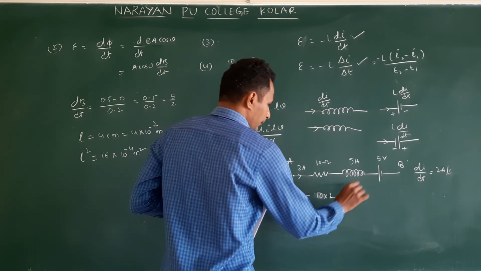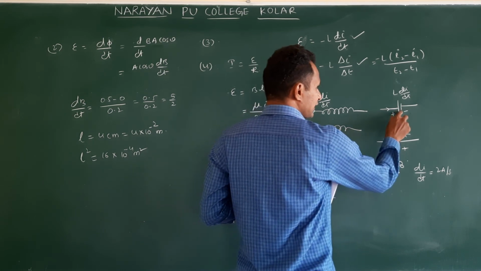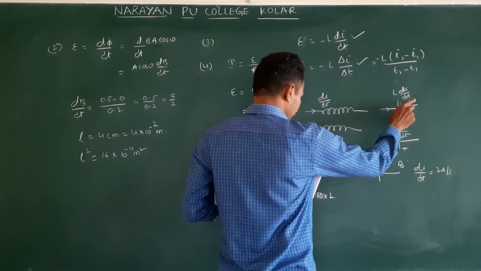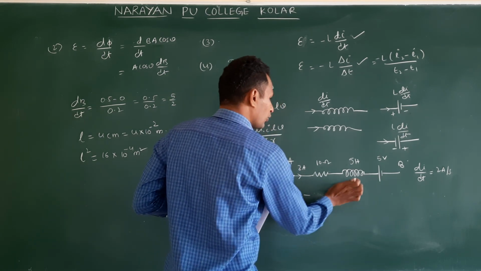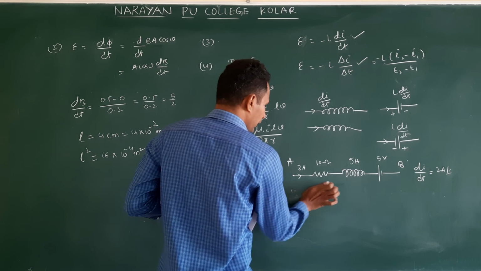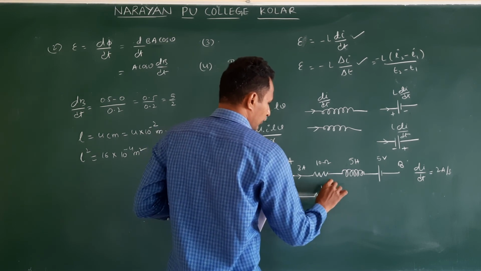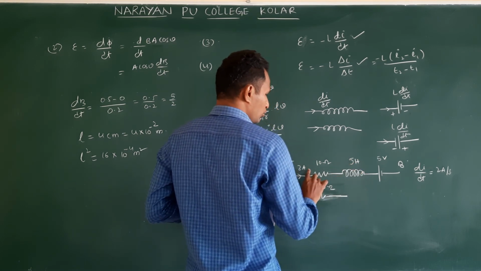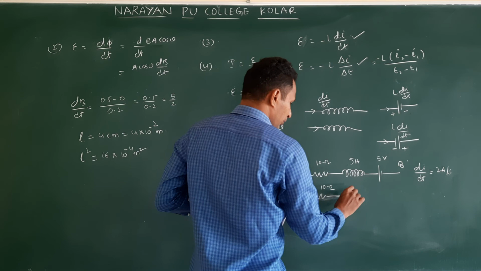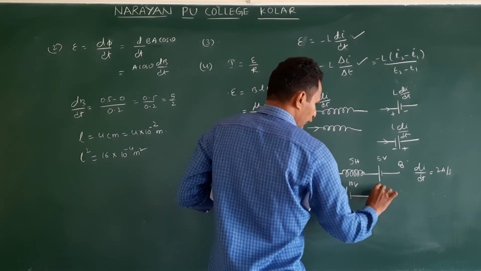Clear? Now the current is increasing as well. Increasing means this acts like this. So L di by dt. First we will make an alternate circuit and then write. This is 10 ohm as it is. Current increasing, L di by dt, 5 into 2, 10. Current increasing means this acts like a source. This is 10 volts and 5 volts.